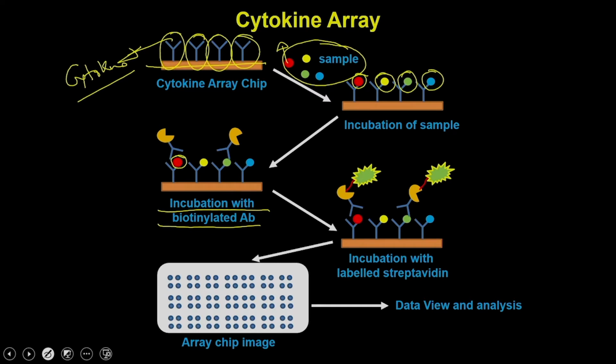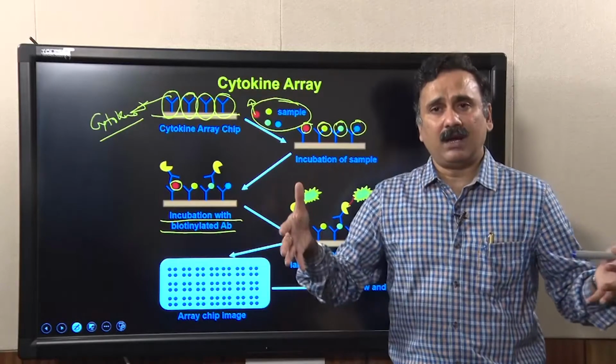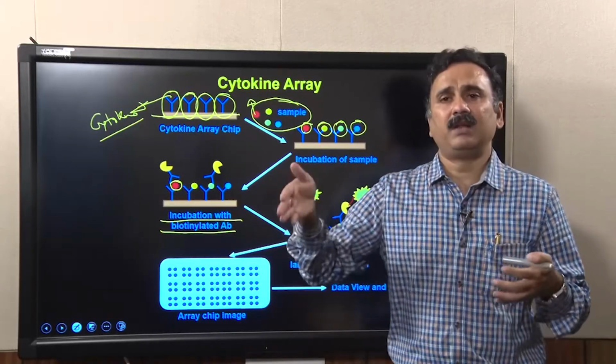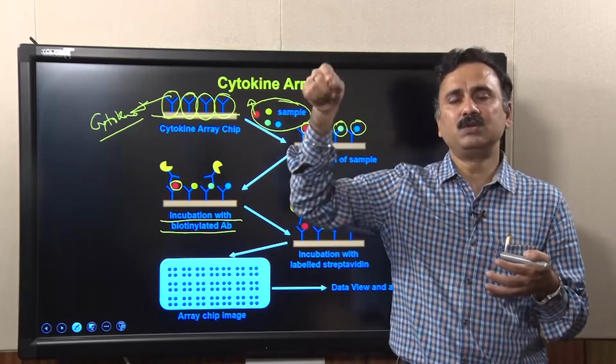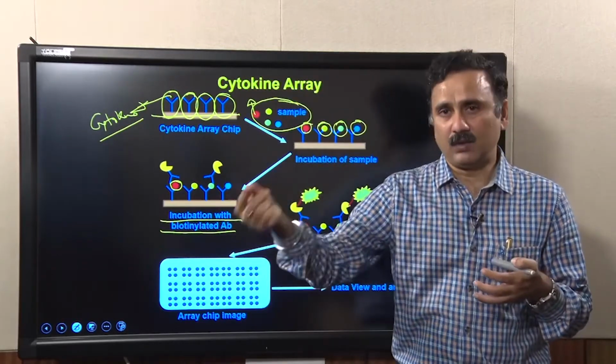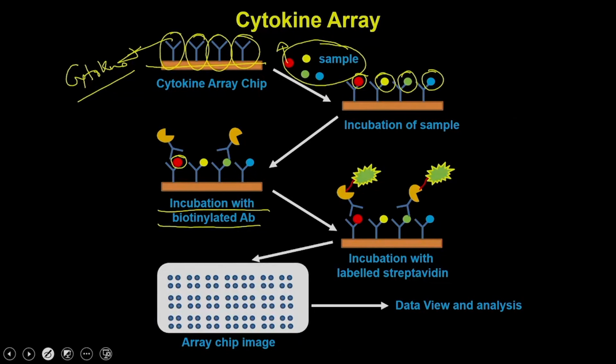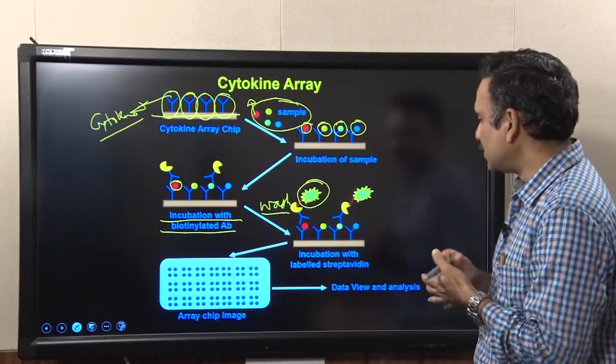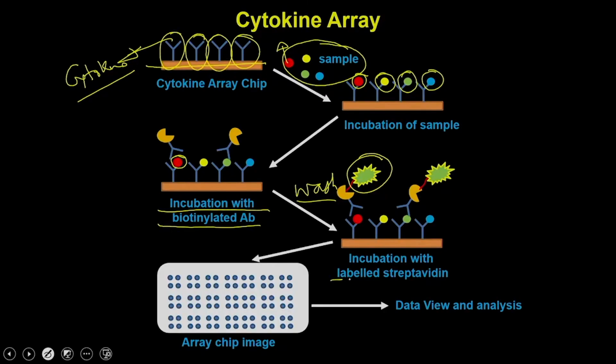So, you are going to have multiple monoclonal antibodies which are biotinylated, and all these antibodies are going to bind to their respective cytokines. At this stage, again you wash, and then you add the streptavidin, which is linked either with a fluorophore or with an enzyme, and that allows you to do the reactions to visualize the samples.